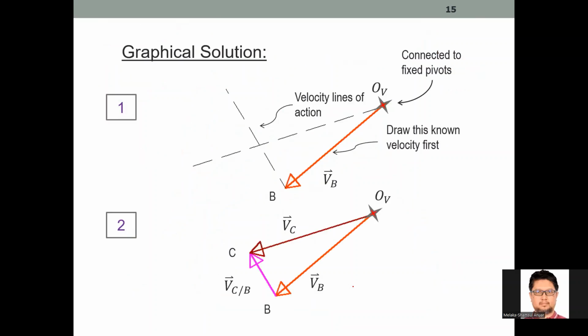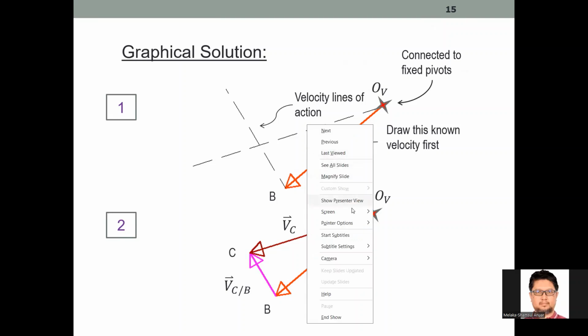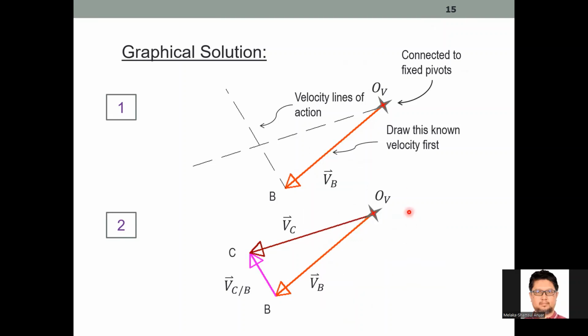So this is using graphical method. So we always start with the information that we already know, which is VB. VB, that is 15.7 meter per second, and we know that direction. Draw that, and the tail is where the origin will be.